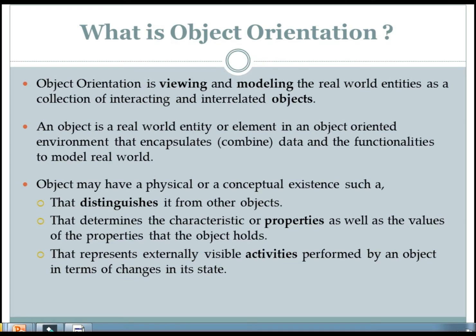An object may have a physical or a conceptual existence such that it distinguishes one object from another object. Also, objects are used to determine the characteristics or properties as well as the values of the properties that hold that object. I can explain this with an example.